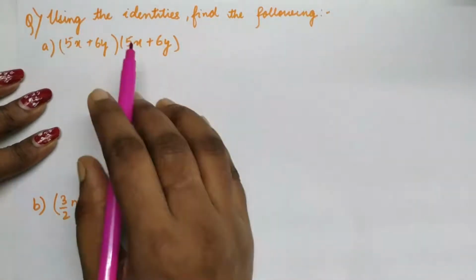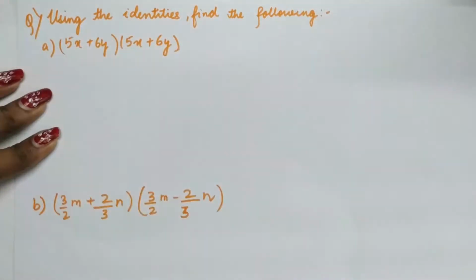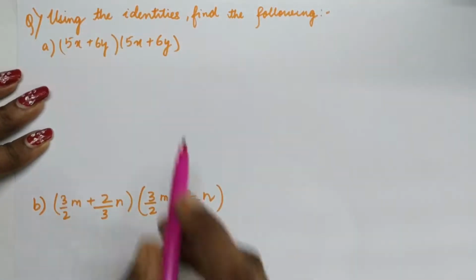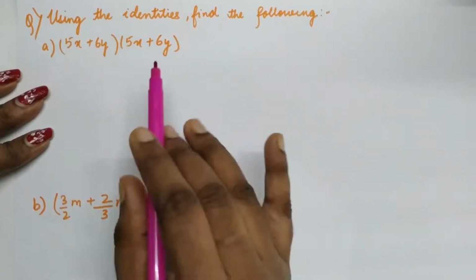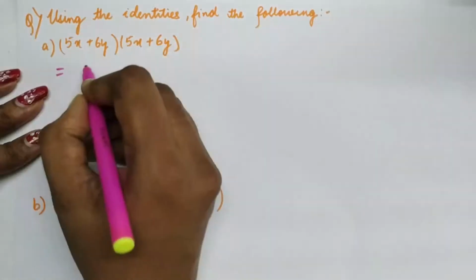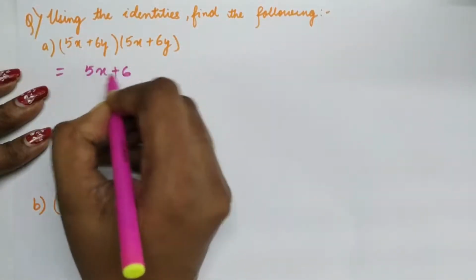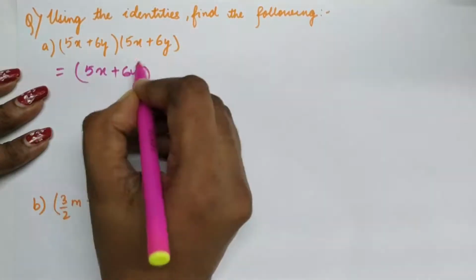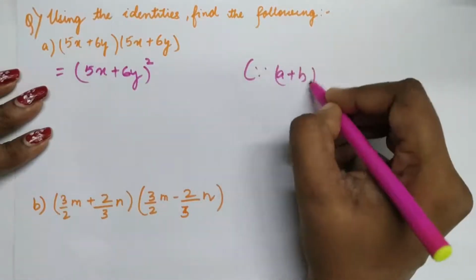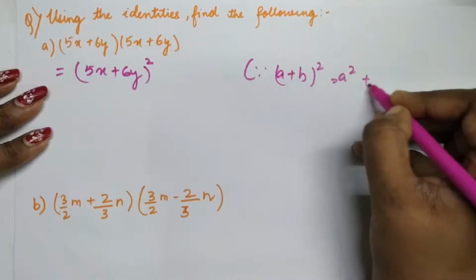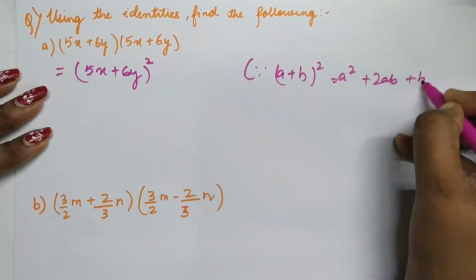Here the question is, using the identities, you have to find the value of these terms. So (5x plus 6y) and (5x plus 6y), you have to multiply. This is nothing but the same as (5x plus 6y) whole square. Now you know the identity (a plus b) whole square. How much is it? It is a square plus 2ab plus b square.